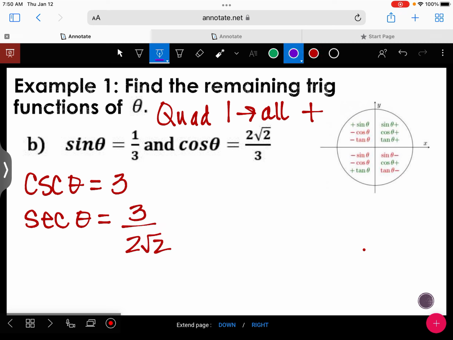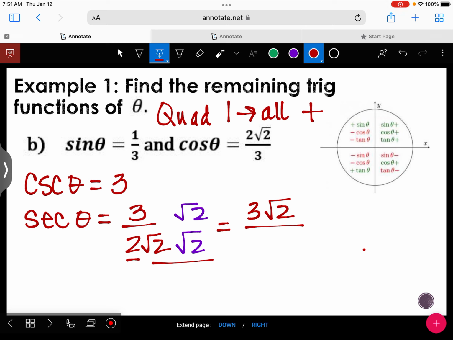And we're going to multiply that top and bottom by root 2. So that gives you 3 root 2. And then this becomes a 2 times square root of 4, which is just 2. So we get 3 root 2 over 4. So that would be secant.